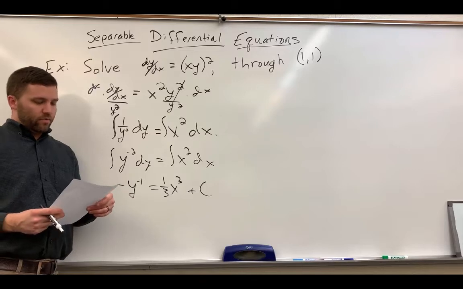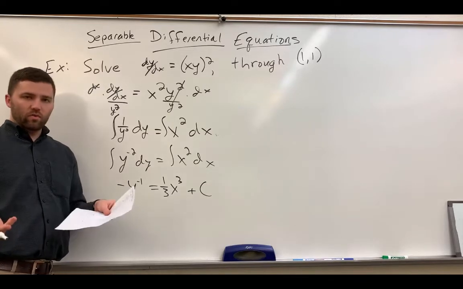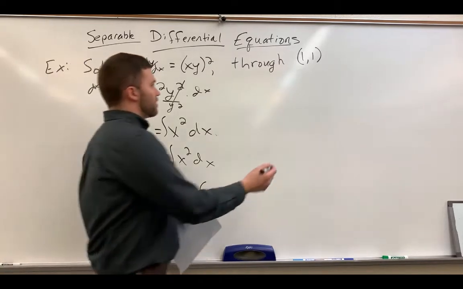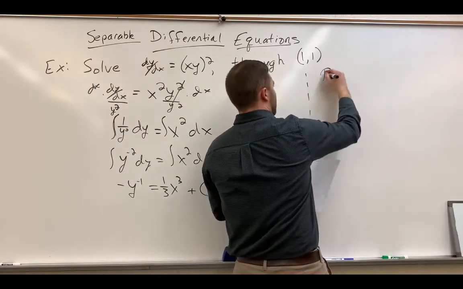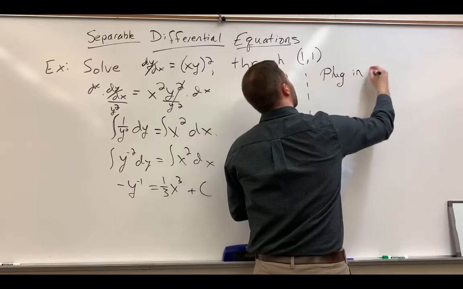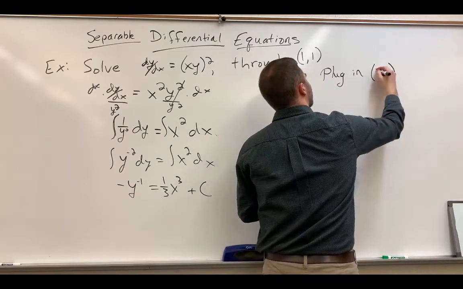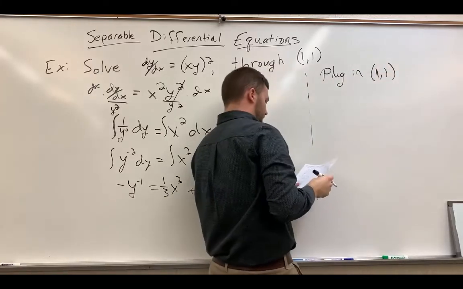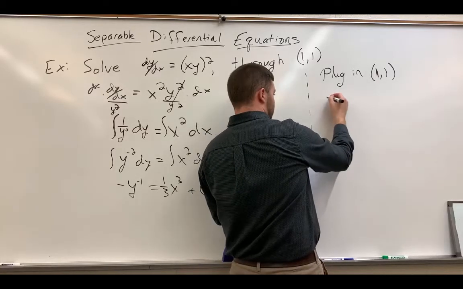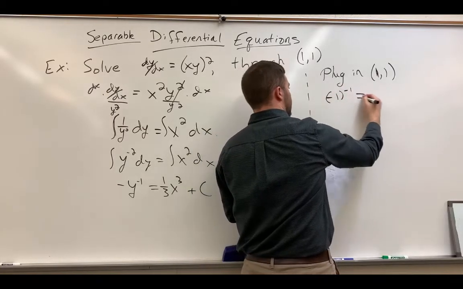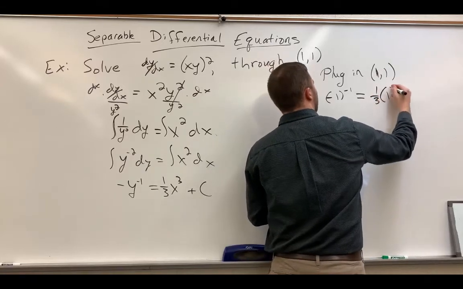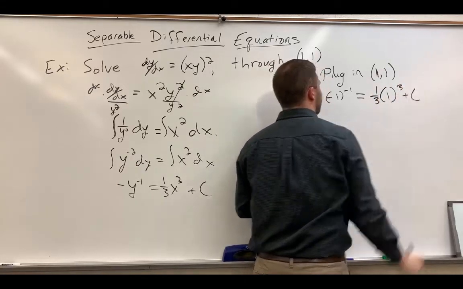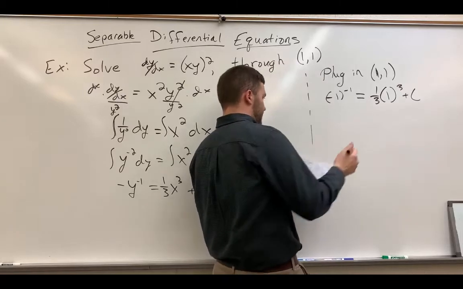From this point, we're going to plug in (1, 1) and figure out what c is. So let's do that over here. I get negative 1 to the negative 1 is equal to 1/3 times 1 cubed plus c. On the left, I just have negative 1.